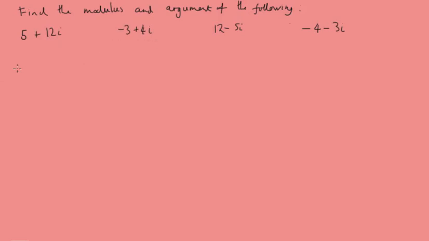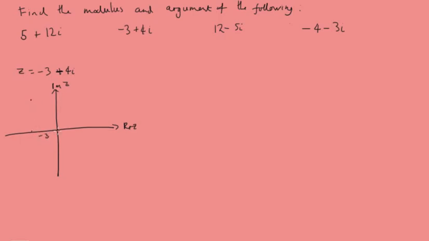So z in this case is minus 3 plus 4i, and again we do our Argand diagram. So it's now minus 3 and 4, so about here.